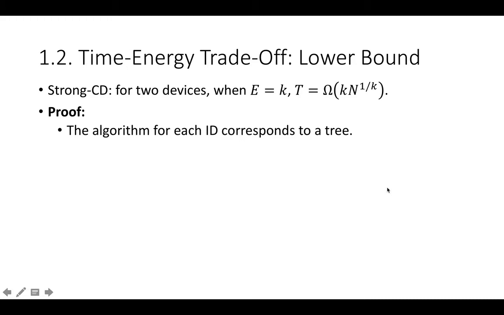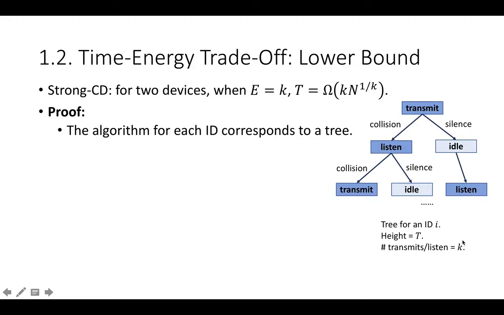First, we observe that the algorithm for each ID will correspond to a tree. Here is an example of a protocol tree. In each time slot, a device has 3 possible actions. It could either transmit a message, or listen for messages, or stay idle.